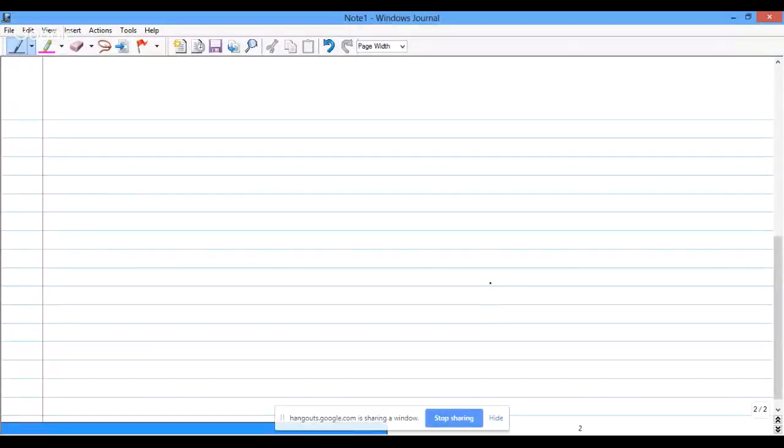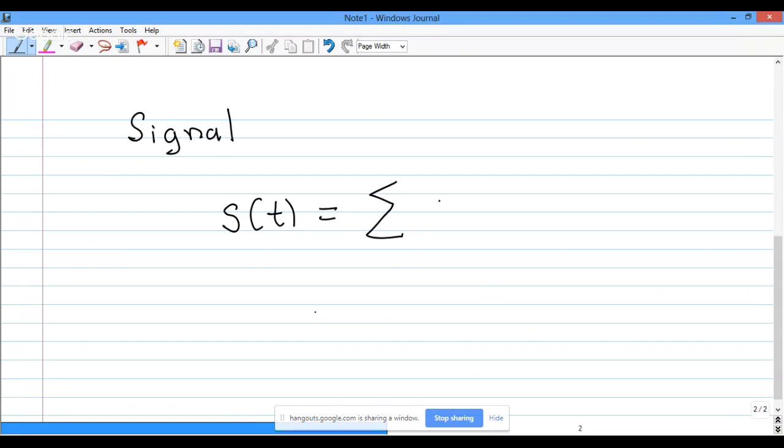The first question that I have is why we are using different orthogonal functions to express a signal. What we have seen in modulation is that if you have a signal s(t), this signal s(t) can be thought of as composed of k orthonormal functions.